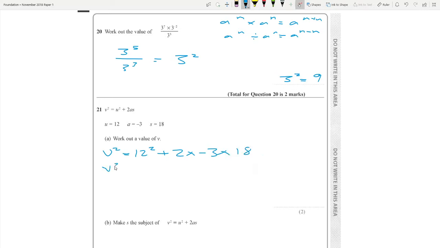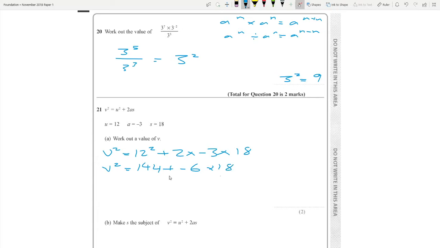So therefore v squared equals 12 squared, which is 144, add 2 times negative 3, which is minus 6, then times by 18.